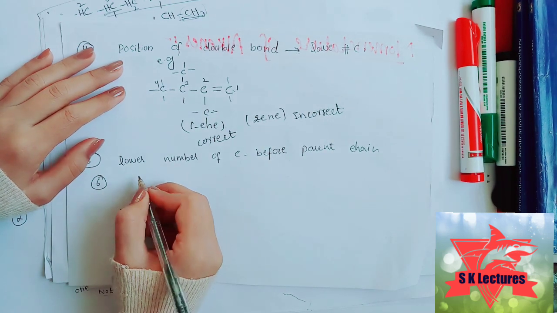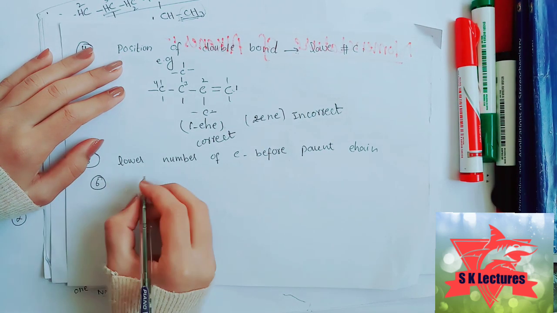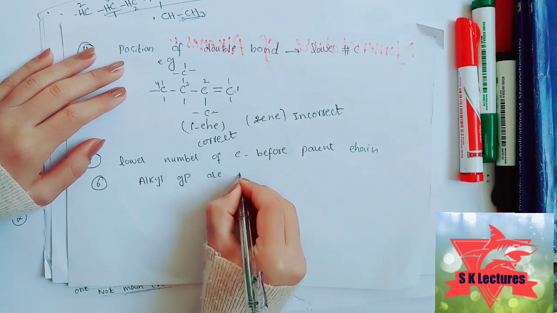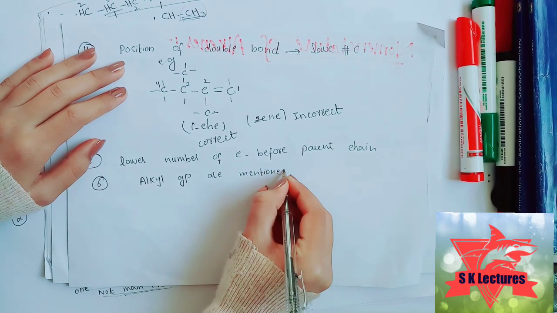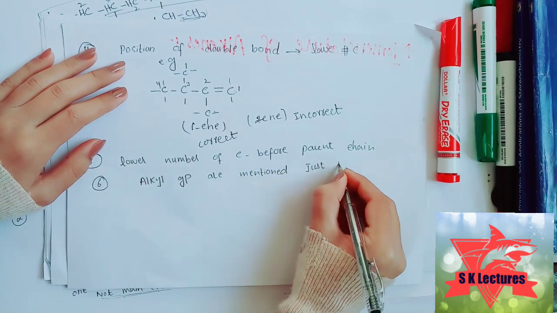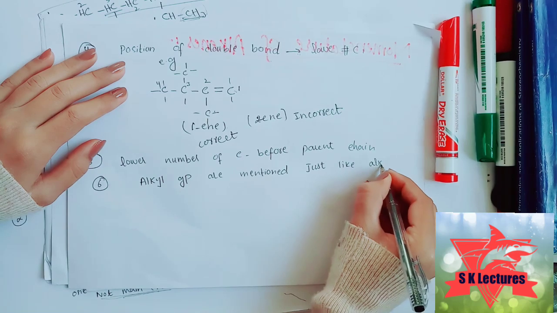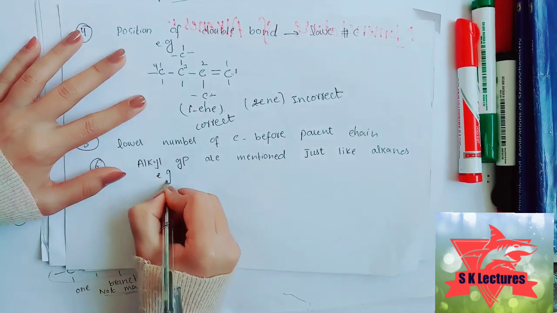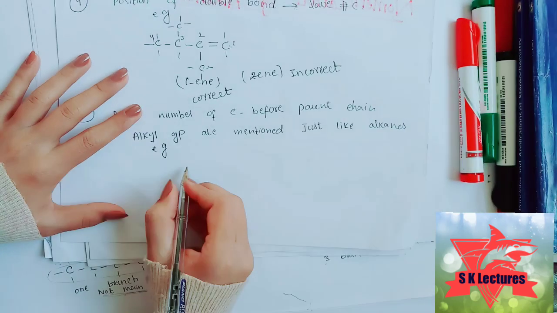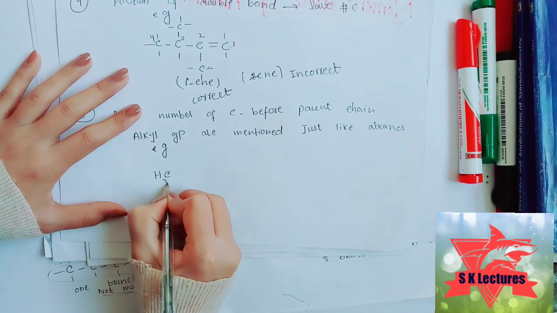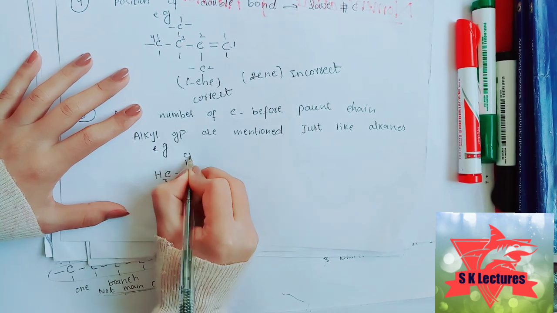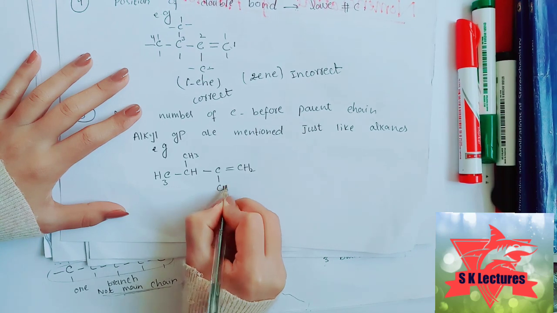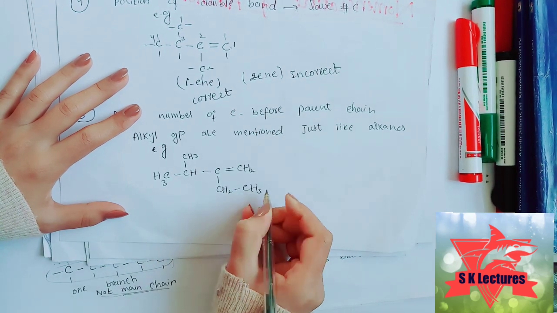So the sixth rule is that alkyl groups on the chain are indicated by the method mentioned just like in alkanes. They are separated by hyphens and written in alphabetical order. For example, a molecule which has 4 carbon atoms, with a methyl group on one carbon, then an ethyl group, and a double bond.